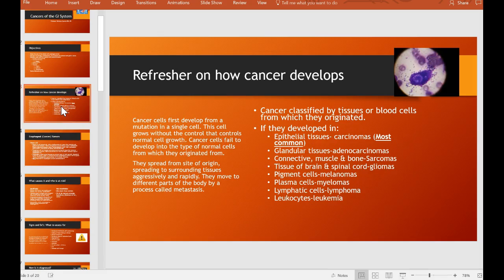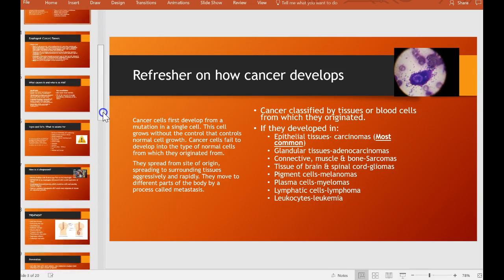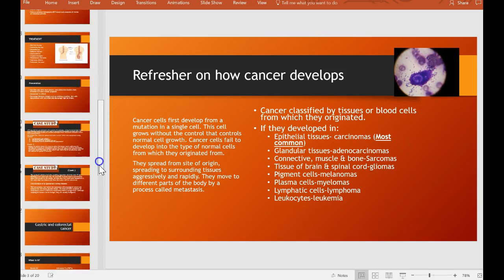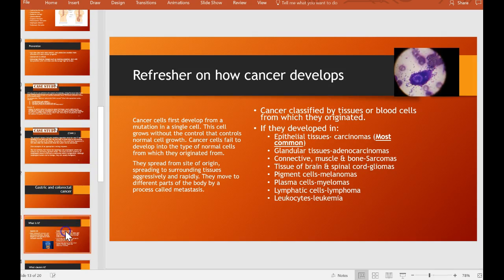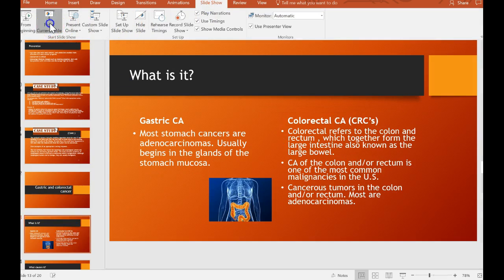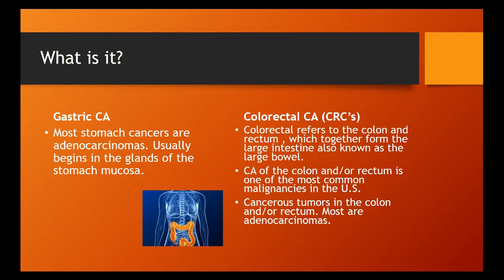Remember that adenocarcinomas come from glandular tissue, as we learned. So we just found out that gastric cancers are typically adenocarcinomas, which means they come from glandular tissue. So it usually begins in the glands of the stomach mucosa.